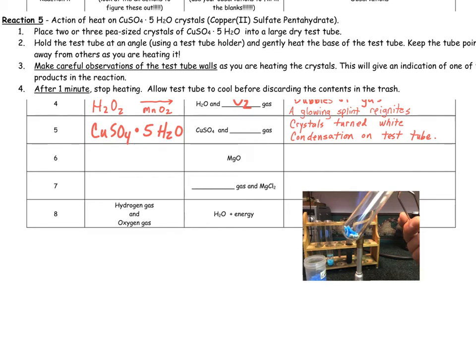So we're going to say that one of the products of that is water vapor, or water gas. The white crystals then are the copper sulfate without the water attached, and the water comes up the test tube and condenses on the sides of the test tube.